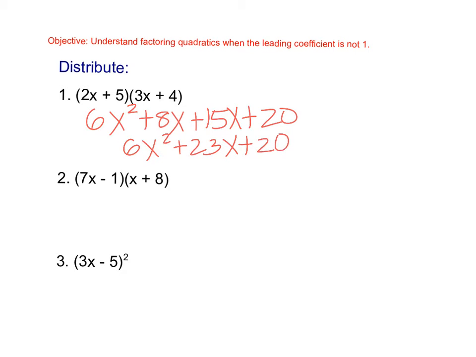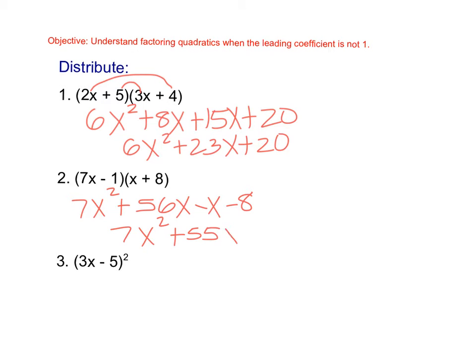The key for these when we're going backwards is we have the 2x times 4 and the 5 and 3, and those add up to 23. So we get 7x squared plus 56x minus x minus 8. So 7x squared plus 55x minus 8.